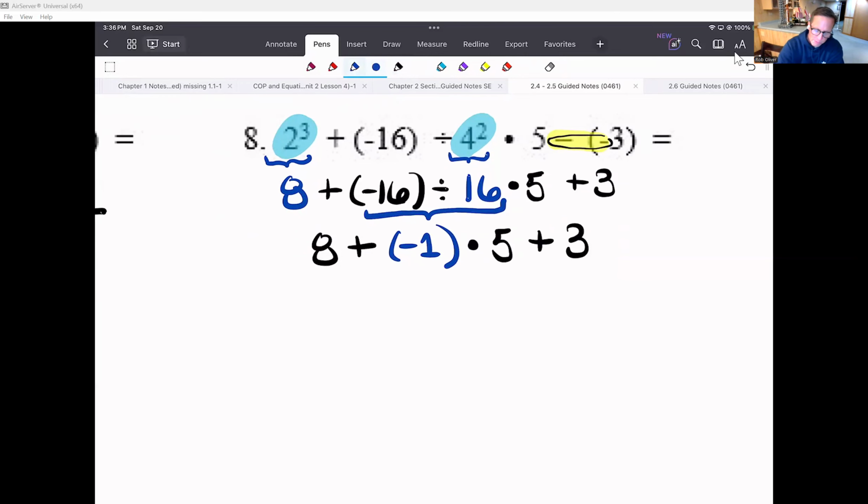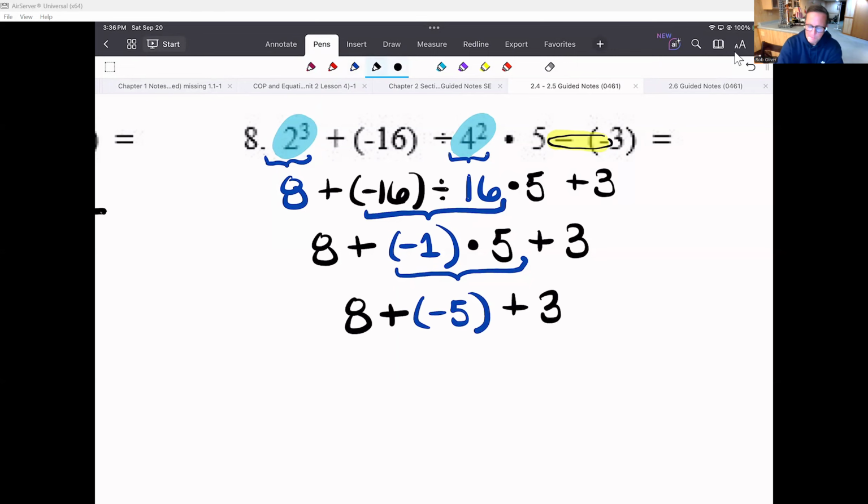Okay, and then we're going to multiply this right there. -1 times 5. -1 times 5 is what? That is -5. So you got 8 plus -5 plus 3.